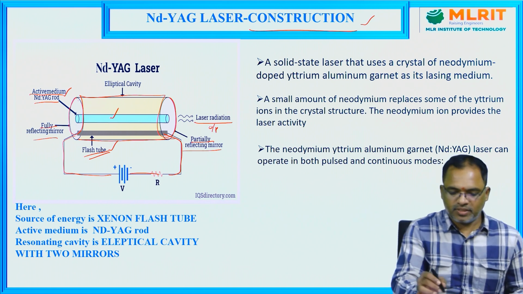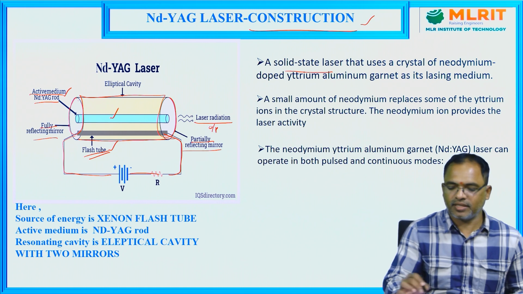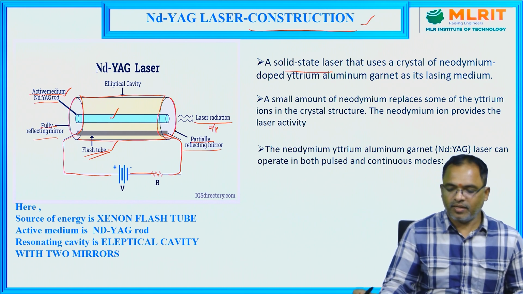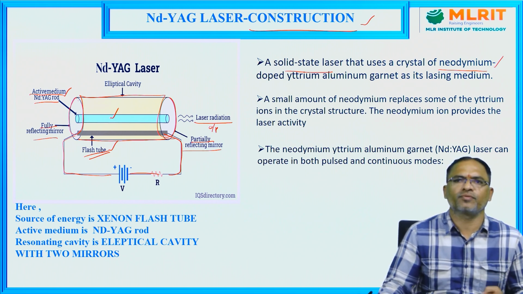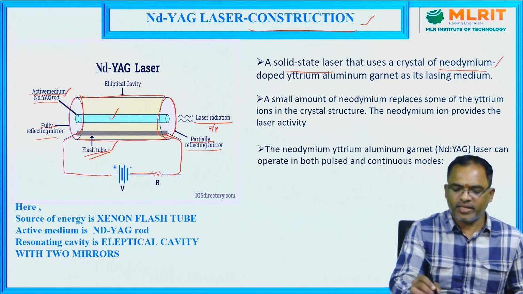So as we discussed in the previous slide, it is a solid state laser, and neodymium ions are active ions in this case. Neodymium is used as dopant in this case. A small proportion of neodymium is added to YAG rod actually.